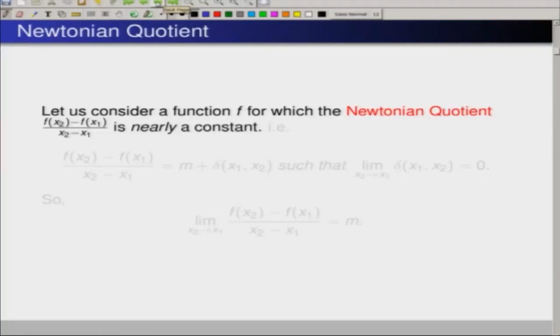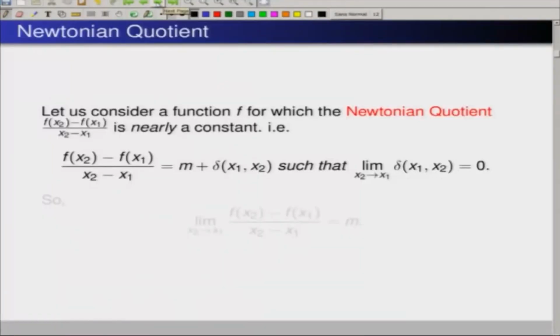In the case of an affine function, this is constant. Now, let us take a function for which this is nearly constant. So, what is nearly constant? Nearly constant means this ratio is equal to m plus some function of x 1 and x 2.